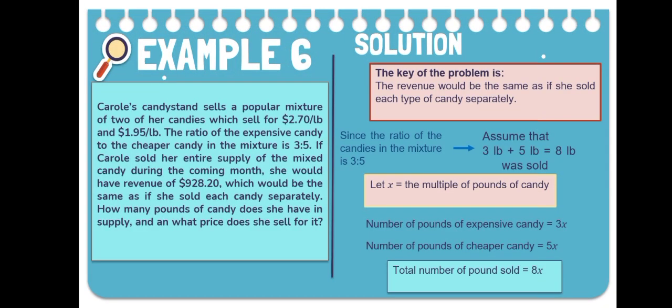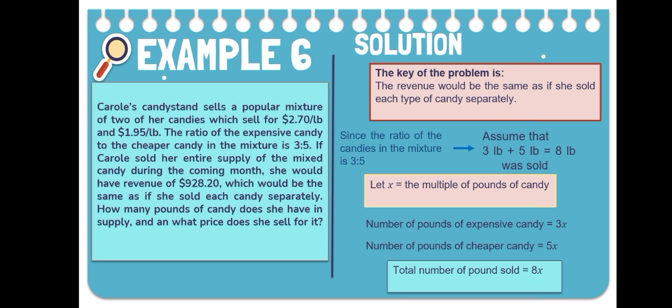Next, example number 6. Carol's candy stand sells a popular mixture of two of her candies, which sell for $2.70 per pound and $1.95 per pound. The ratio of the expensive candy to the cheaper candy in the mixture is 3 to 5.